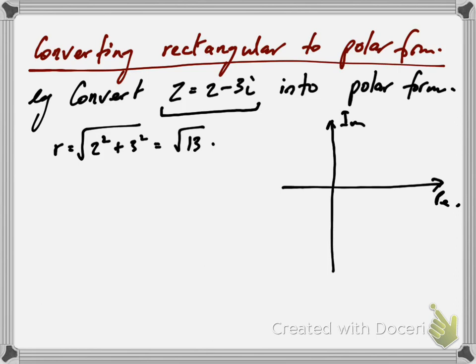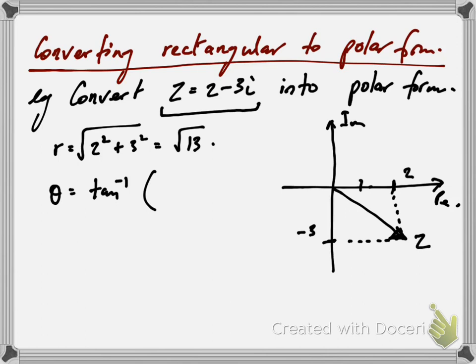Cool. So the modulus is square root of 13. To find the angle theta, theta is tan inverse of, so you have to plot this. The real component is 2, so 2 is let's say there, and negative 3i, so minus 3, so pretty much your vector would go something like that. That's it, and your angle goes like that, theta, so you're going to find theta. So theta is tan inverse of negative 3 over 2.